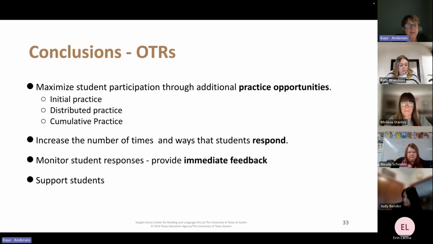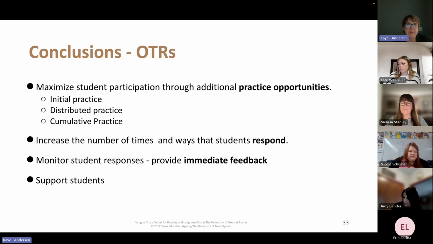So think about this. What would that look like in your classroom? How can we provide additional opportunities to practice and respond? What are some different ways that we can get them to respond? How can we provide immediate feedback when we have 20 to 30 kids in the classroom and give that immediate feedback before we do the next problem?